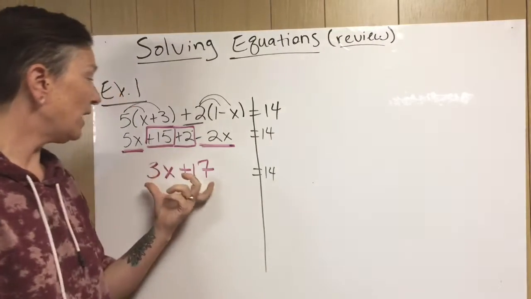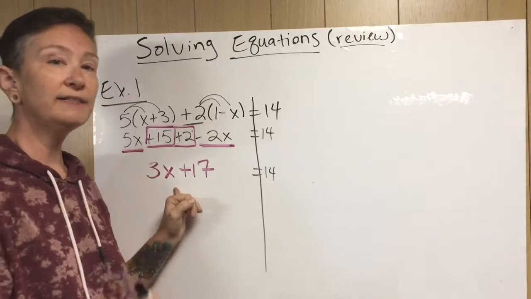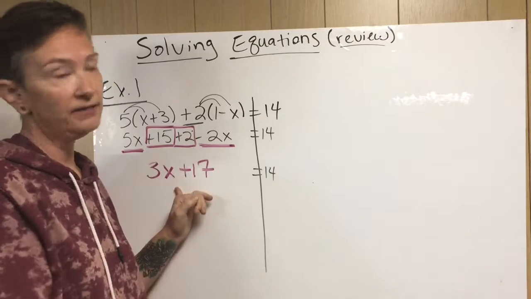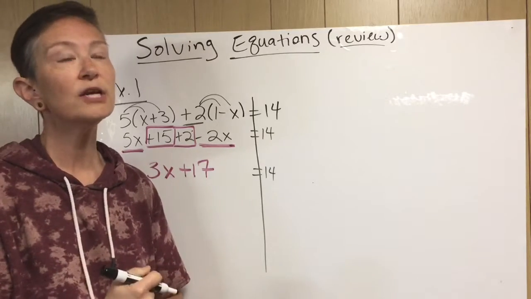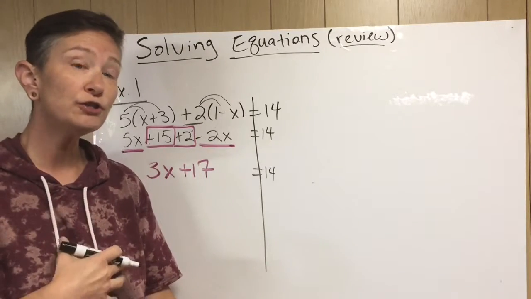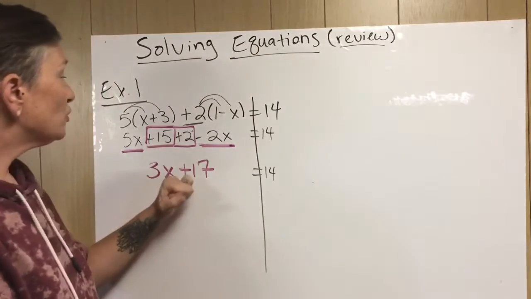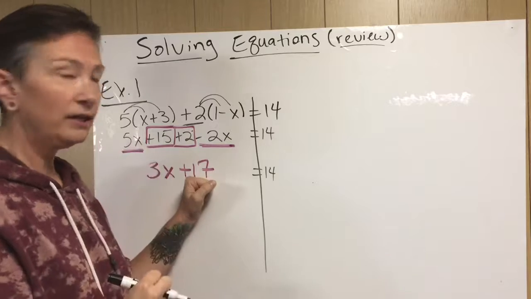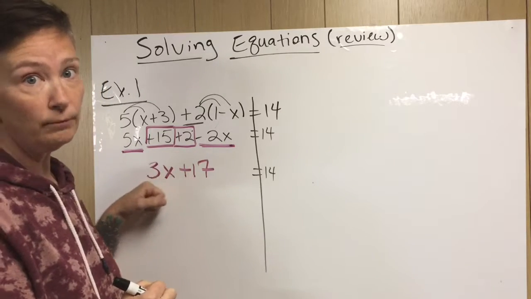Now that I have my like terms combined, I can now work on isolating my x and getting it by itself. So I tend to think of reverse order of operations. So add and subtract first, and then multiply and divide to isolate this x. What I need to get rid of are two things. I need to get rid of this positive 17 and this 3 that's multiplied here by the x.